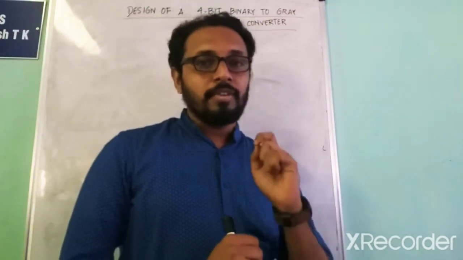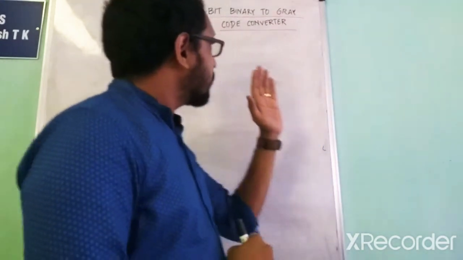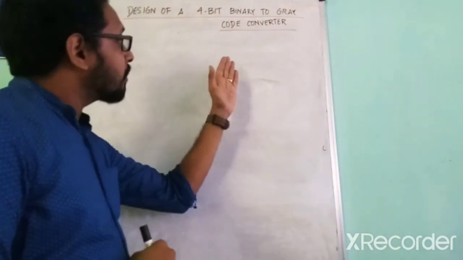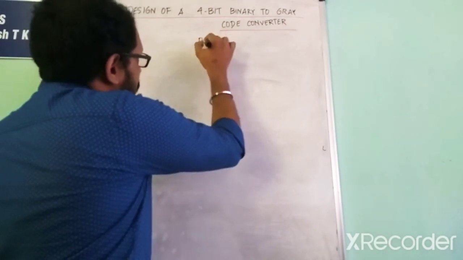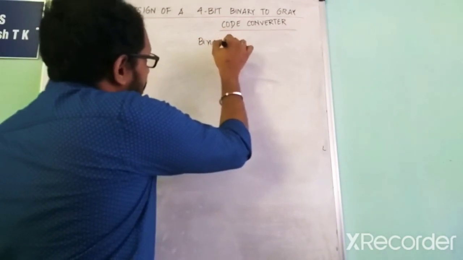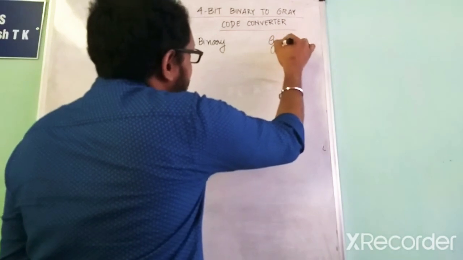We will discuss how a binary to gray code converter can be designed. First of all, we need to have the binary codes and corresponding gray codes.